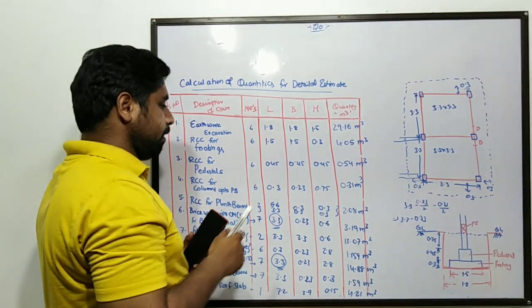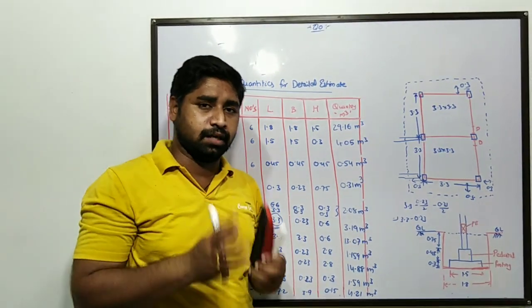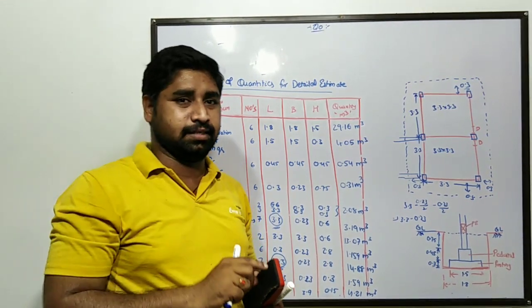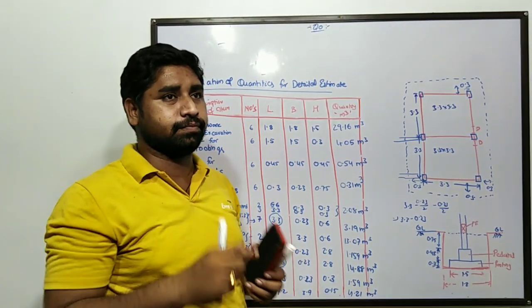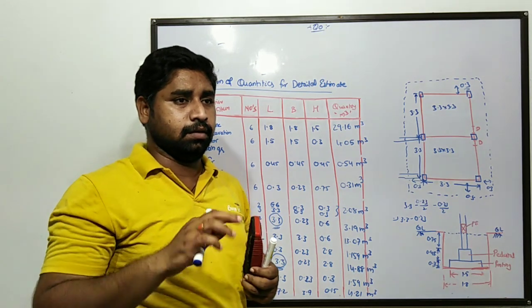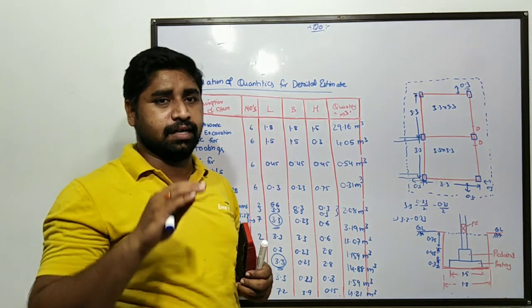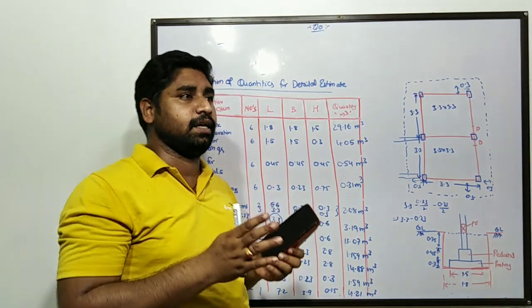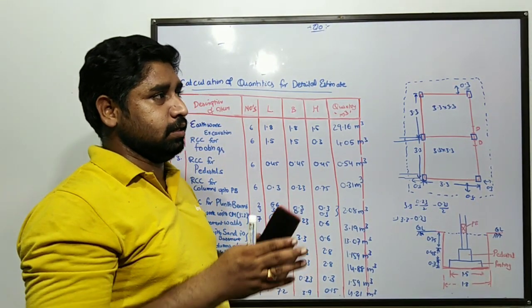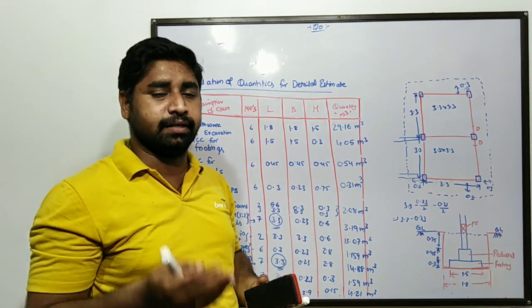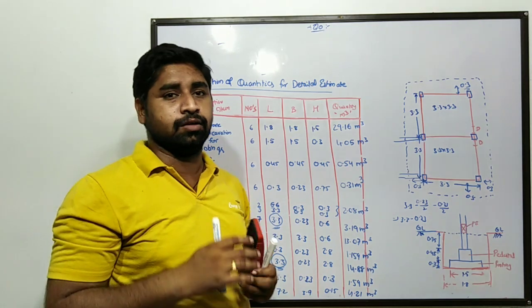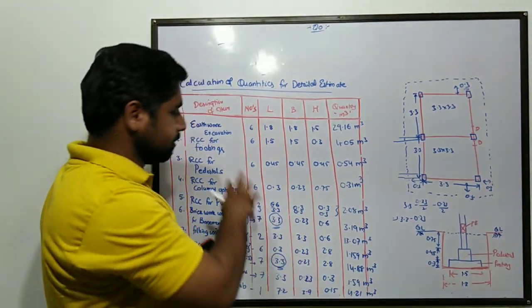Similarly, additional items like RCC for lintel beams, RCC for lintels as well as RCC for sunshades will additionally be there. Similarly, additional brickwork for parapet walls will be there in some cases. So all those are additional items beyond these.